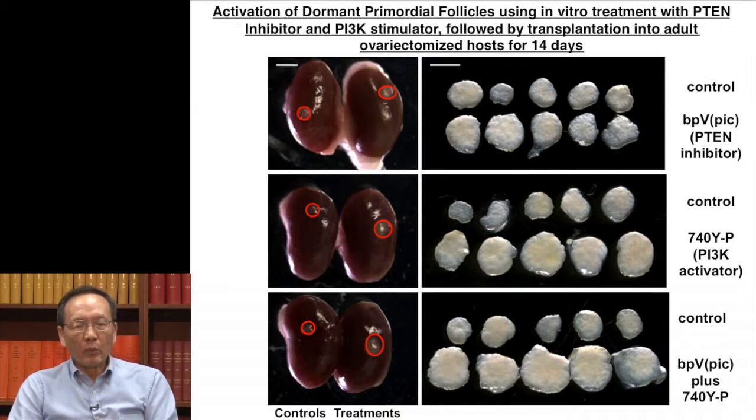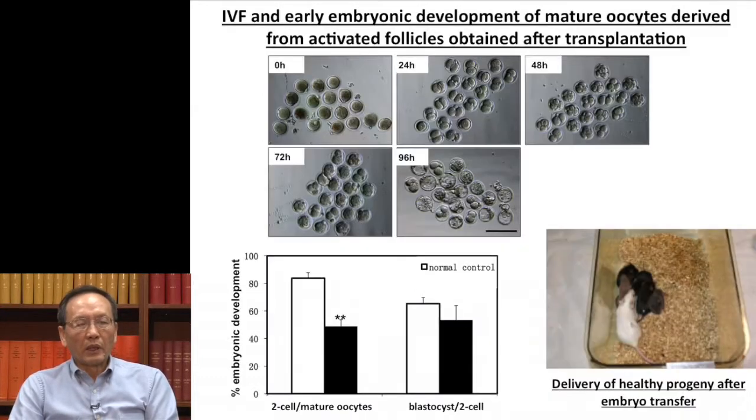And in the middle panel, right-hand side, you can also see with the 740YP, this PI3K activator, it will give us the same result. And at the bottom right-hand, you can see that when both the P10 inhibitor and the AKT PI3K activator are added together, you see even bigger ovarian weight, suggesting follicle growth.